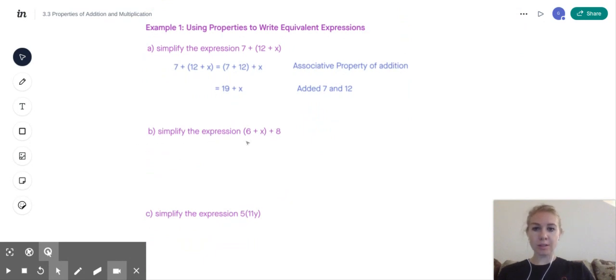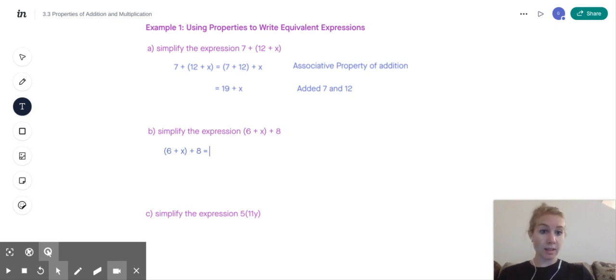Simplify the expression 6 plus x plus 8. So our expression is 6 plus x plus 8. Do we need to change the grouping, change where our parentheses are, or do we need to change the order?